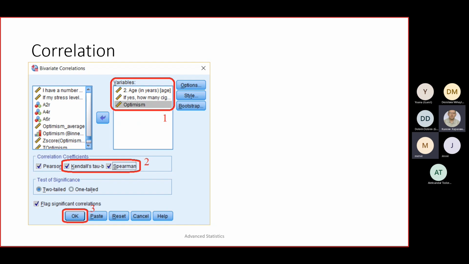These two coefficients, coefficient of Kendall and coefficient of Spearman, are called coefficients of rank correlation.